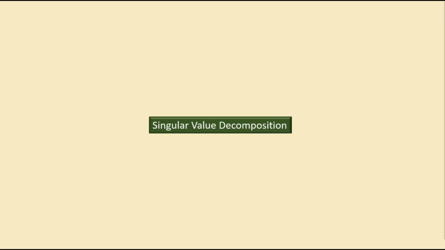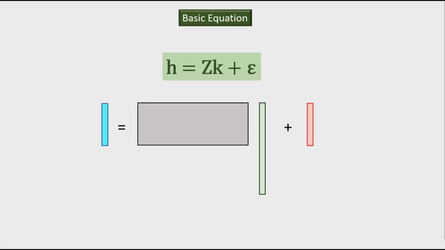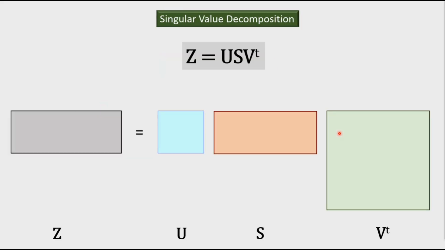Now let's look at singular value decomposition in detail. Here, as usual, is my basic equation, and here is a pictorial representation of the matrix and vectors involved in that equation. I now write the fundamental equation for singular value decomposition.